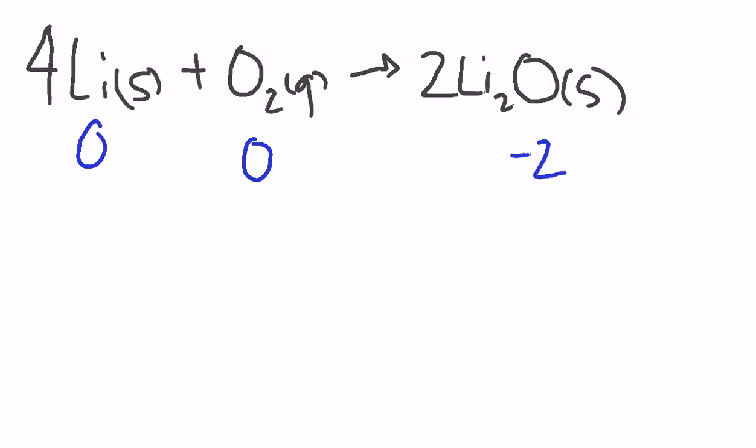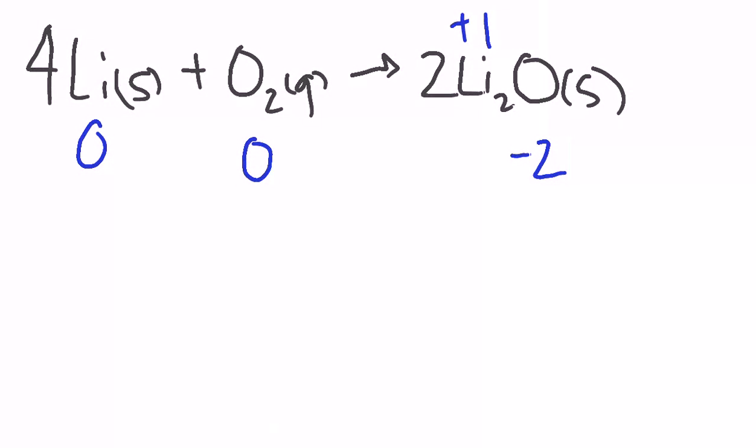And then I also know that the sum of the oxidation states of all atoms in a neutral molecule or a formula unit is 0. So that means the overall oxidation state of lithium oxide is going to be 0. Since there's 2 lithiums, I know that each lithium is going to have a +1 oxidation state.